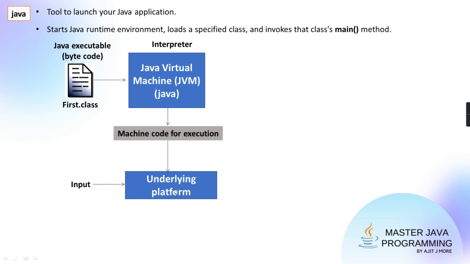That machine code is what your underlying platform is running. And when it is running, it takes some input from you and produces some output. Clear? I hope you got it.